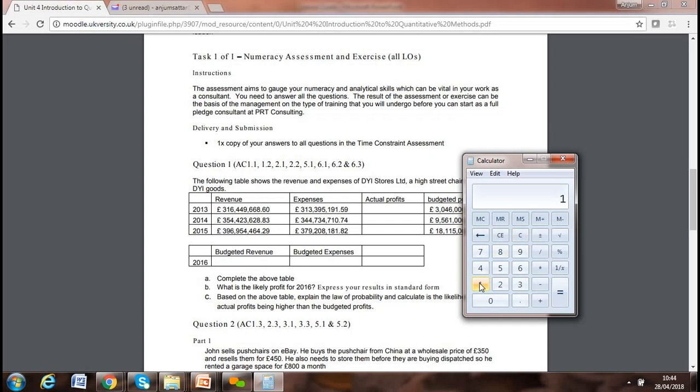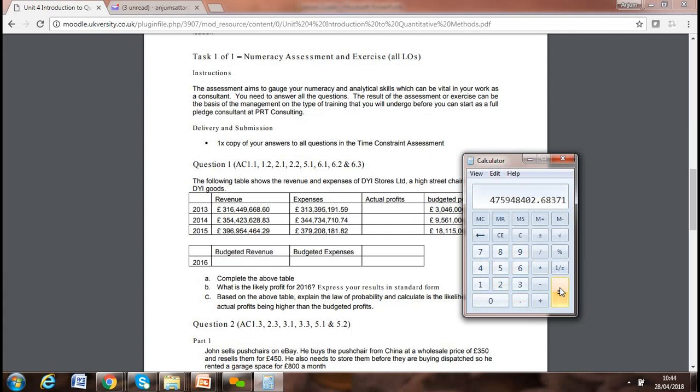My answer came 1.199, with many decimals further. If you want to keep the decimal on your calculator, it's fine. Then you do times by 3,954,464.29, and your figure will come.